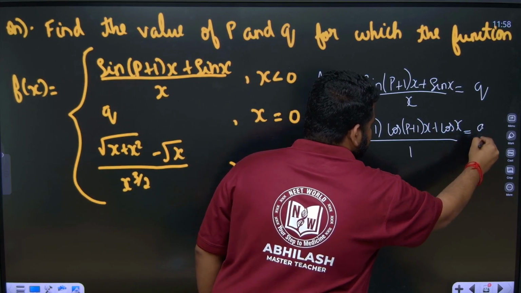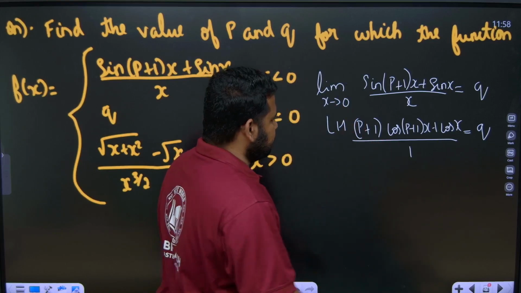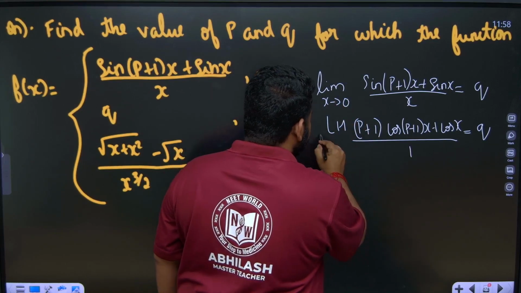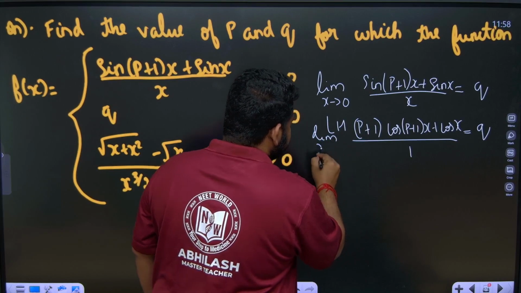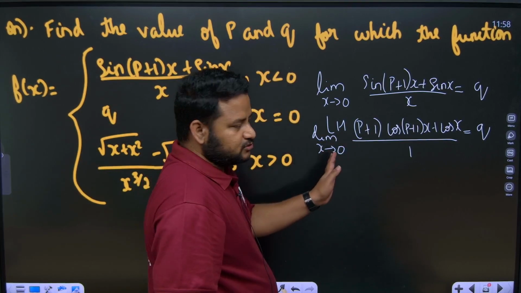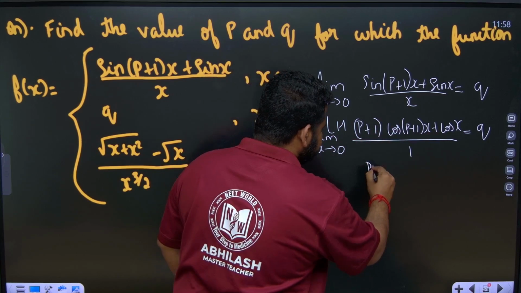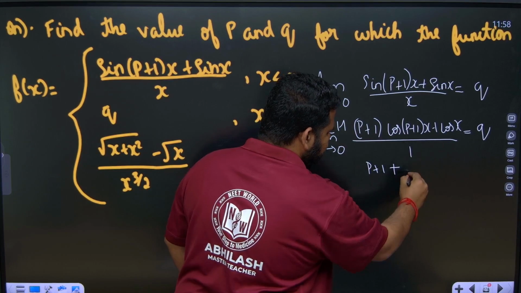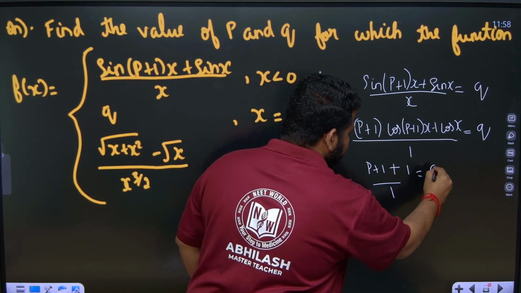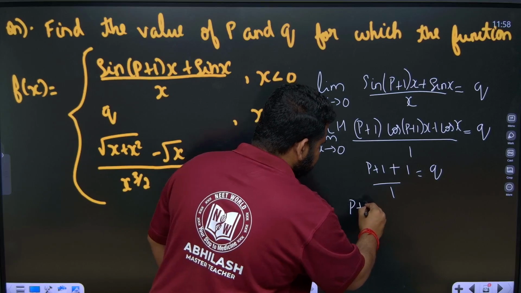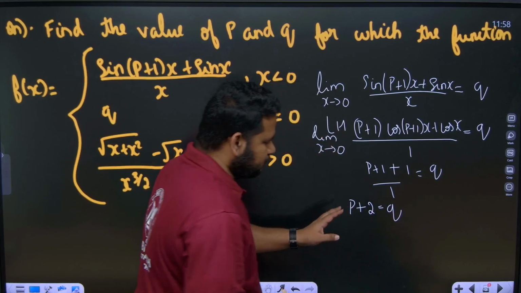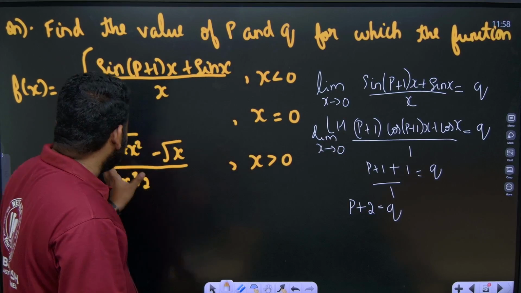So this will be q. Now limit as x tends to 0: cos 0 is 1 and cos 0 is 1. So you will have p plus 1, and here also 1, divided by 1, is equal to q. So you will have p plus 2 is equal to q. You got p plus 2 is equal to q. Now let us take this.